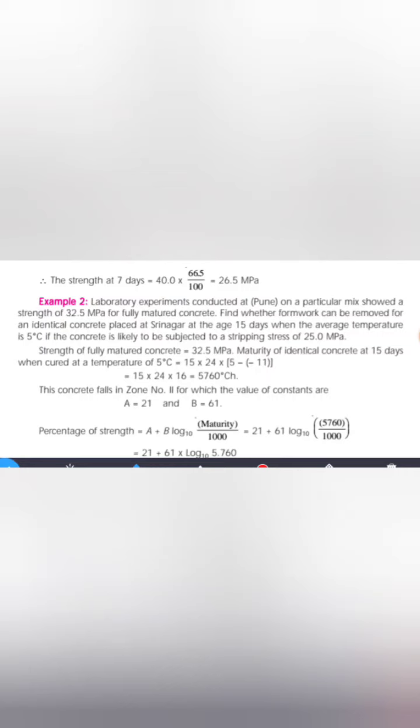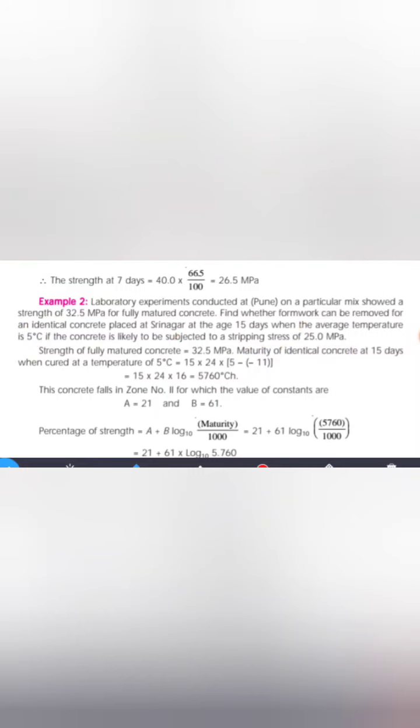Find whether the formwork can be removed for an identical concrete placed at Srinagar at the age of 15 days, when the average temperature is 5 degrees Celsius and the stress for formwork removal is limited to 25 MPa.